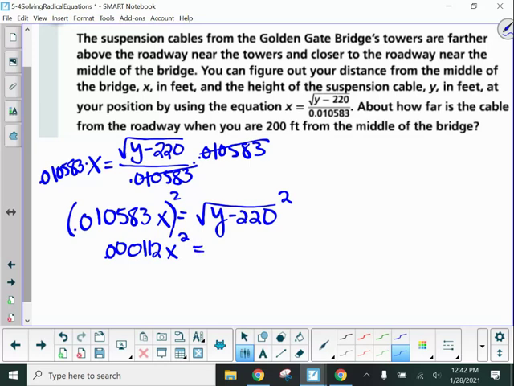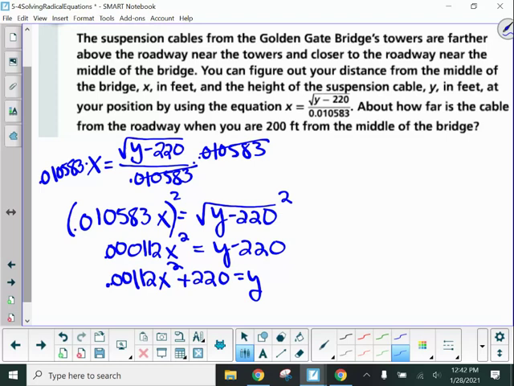Then I have y minus 220. Finally, we add the 220. So I have 0.000112 x squared plus 220 is equal to y. That is the equation with y highlighted instead of x, like we had before.